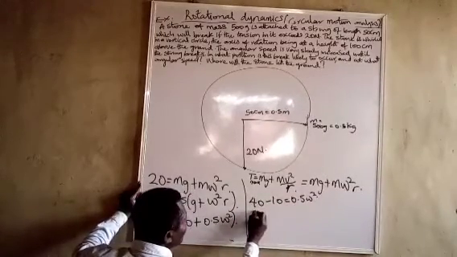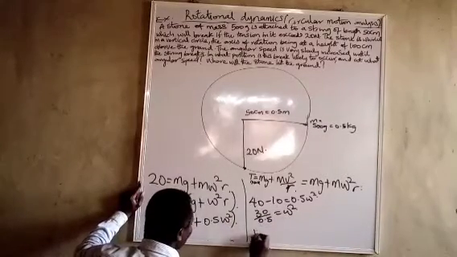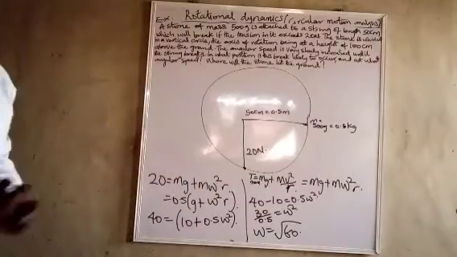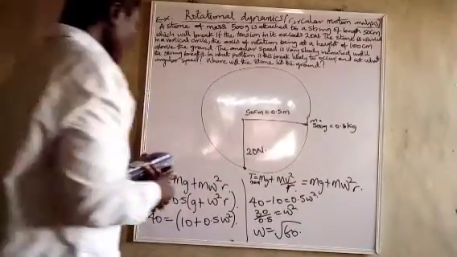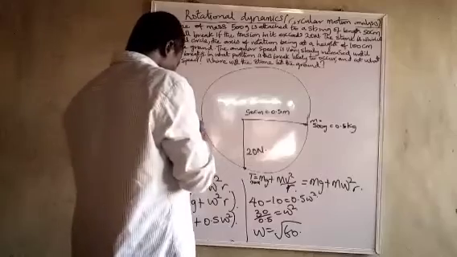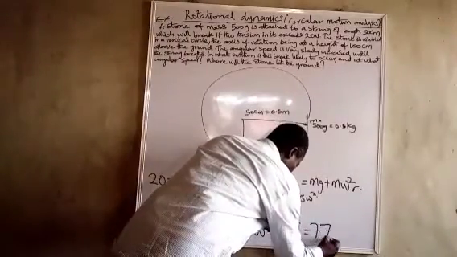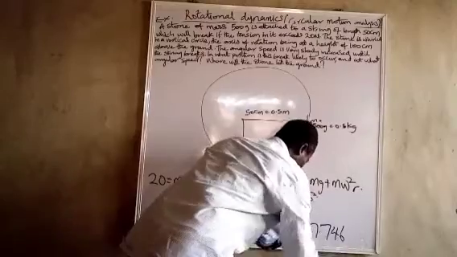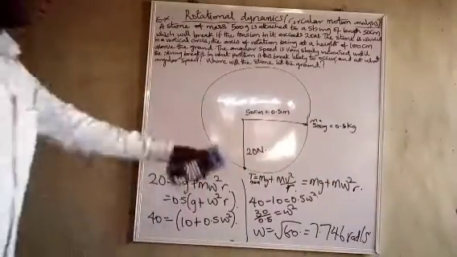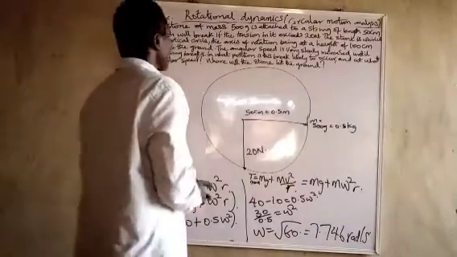So 30 over 0.5 is equal to omega squared. So omega will be equal to square root of 60, which is equal to 7.746 rad per second. So that is the angular speed at which it is likely to occur.